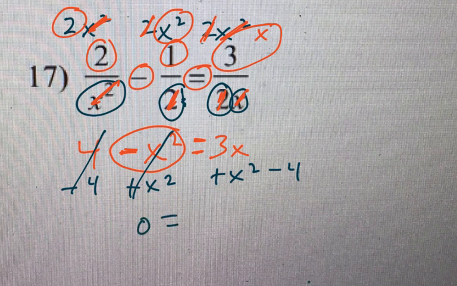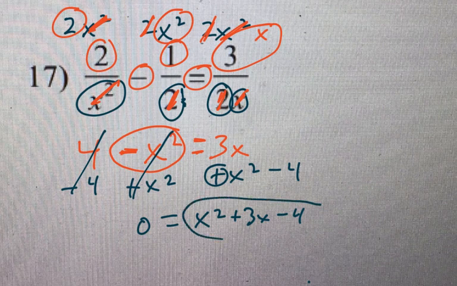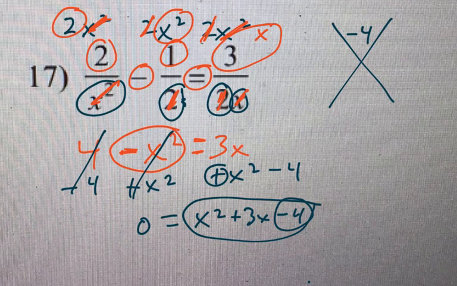And my right side, make sure you put it in order, is x squared, which is positive, with a 3x and a minus 4. So you can solve this with the quadratic formula, but again, I'm going to do the X method. I know I need a negative 4 right here for my product. I need a 3 in the middle. So I'm going to do 1 times 4.